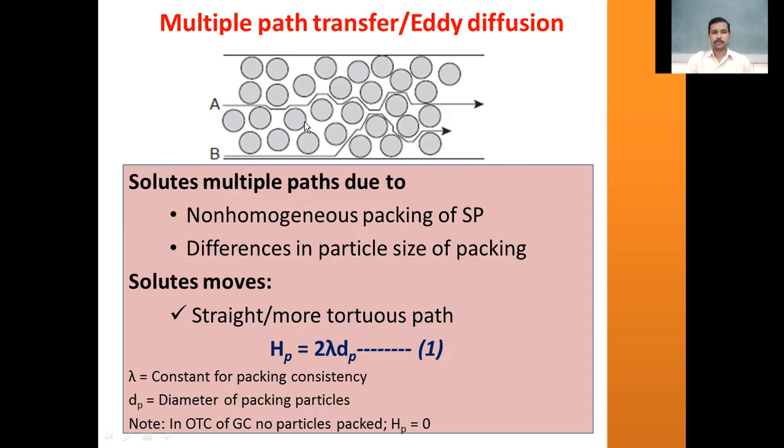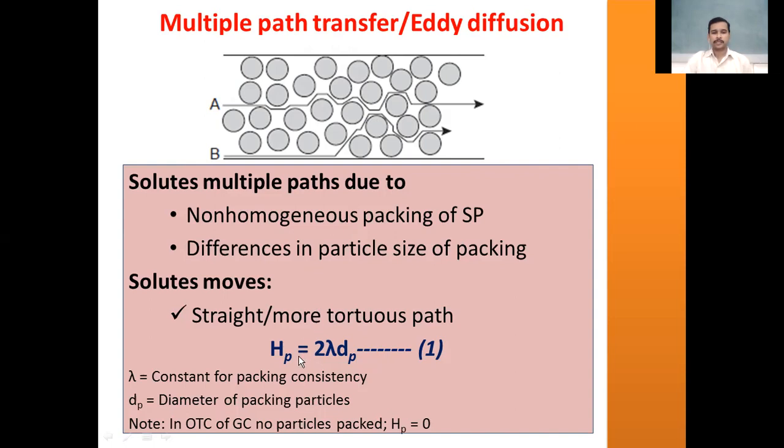Due to multiple path transfer of the solute or eddy diffusion, the band will be spreading to a greater extent. This increased band width leads to an increase in plate height. In a particular band, the plate height will be increased due to the greater possibility of multiple path transfer of the solute.